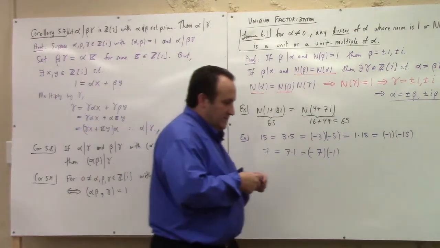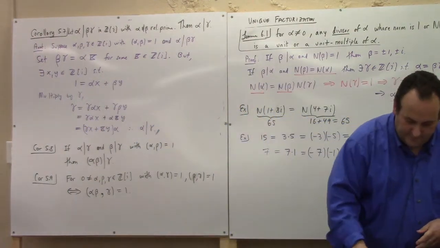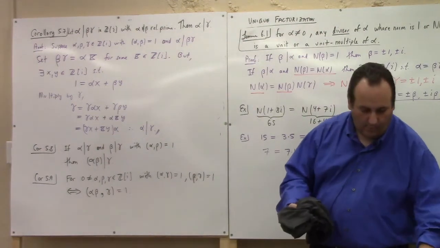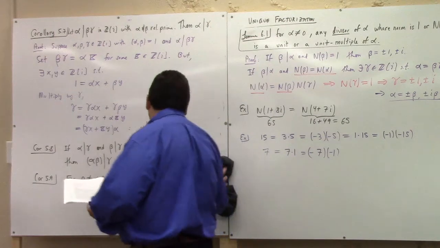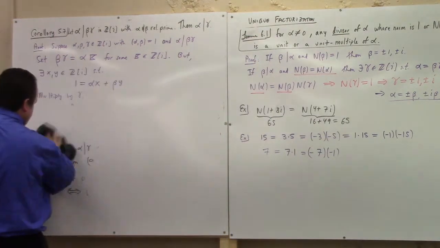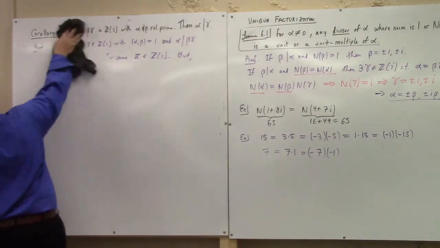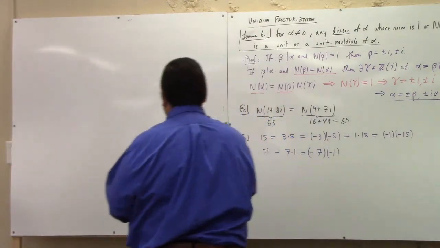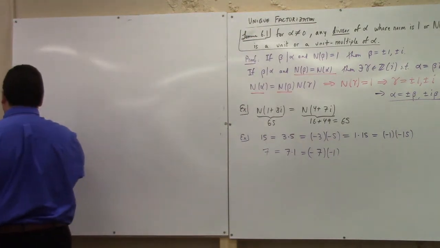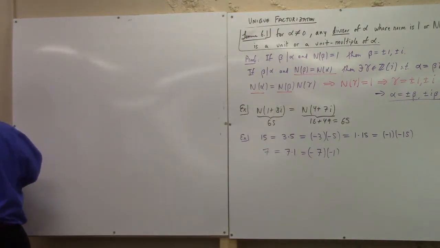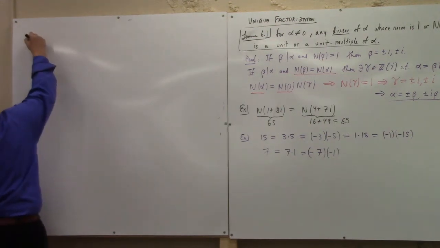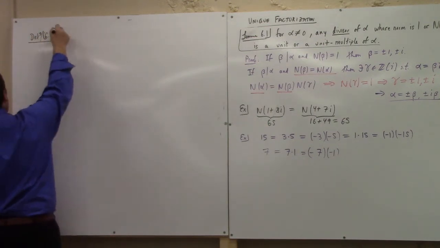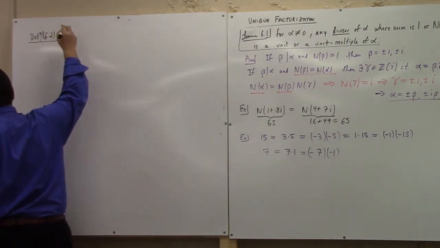So the same story goes for the Gaussian integers. Let me write down the definition. It's page 12 of Conrad's notes, if you're wondering.